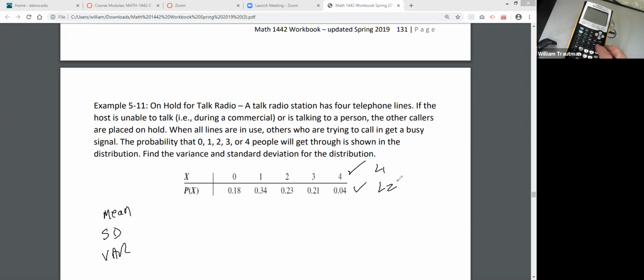Stat, 1 Edit. I'm going to clear those. Don't hit delete, hit clear. And in the first one, I got 0, 1, 2, 3, and 4.